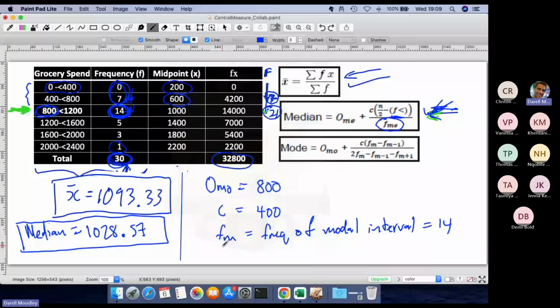Right, now your F_M minus 1, what this minus 1 is actually just telling you is the frequency of the interval before the modal interval. So it's the frequency, let me just write it, the frequency before the modal interval.